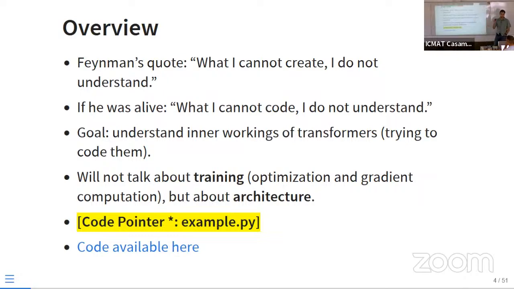I'm going to go step by step on how you would code the transformers. I have some code. We are not going to do everything, as I've done most of the work before, but I think that with this talk and the code that I gave you, you would be able to reproduce and understand how transformers work. Okay.